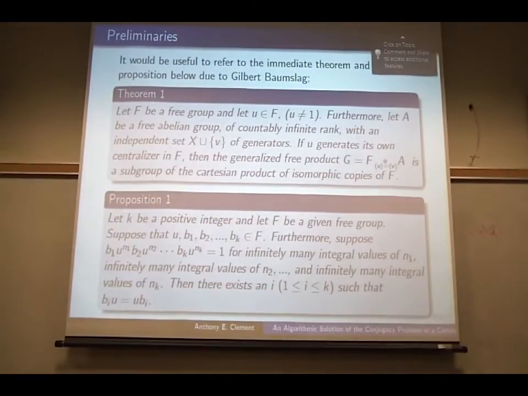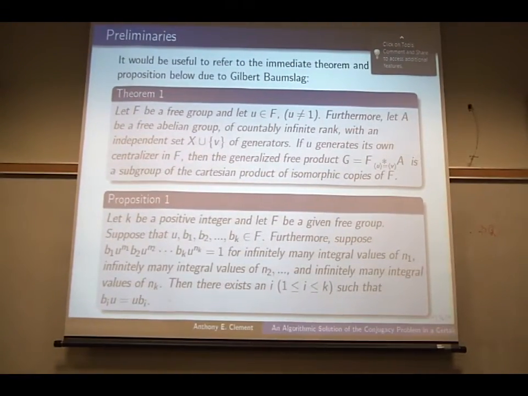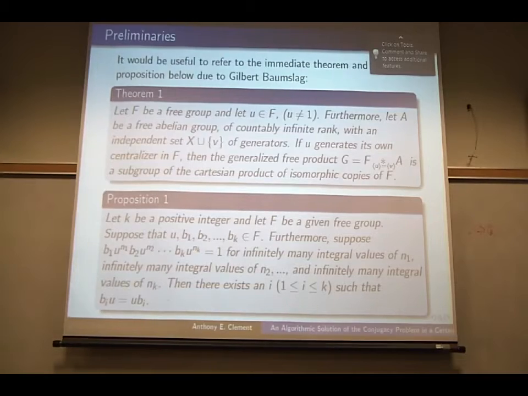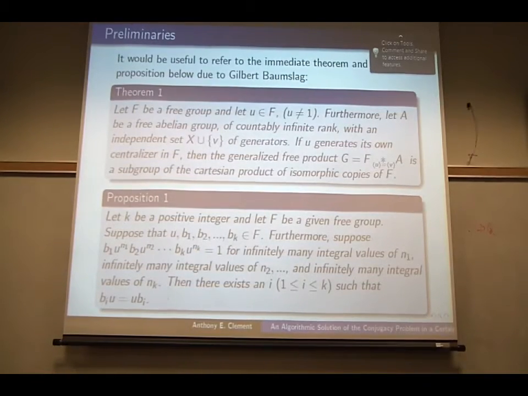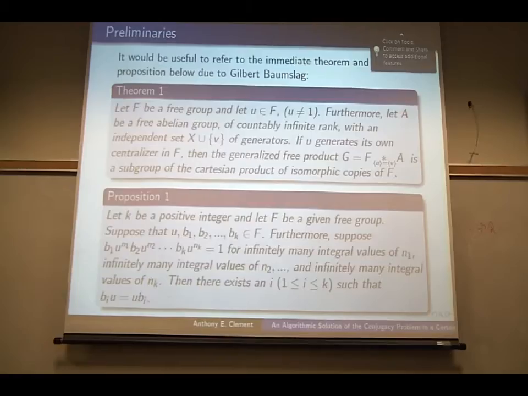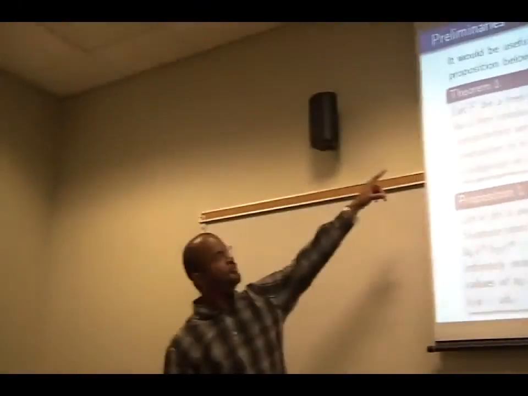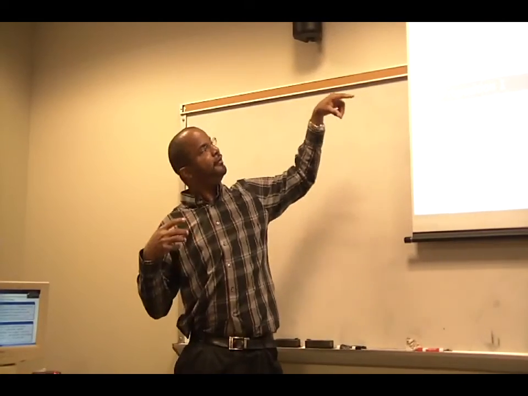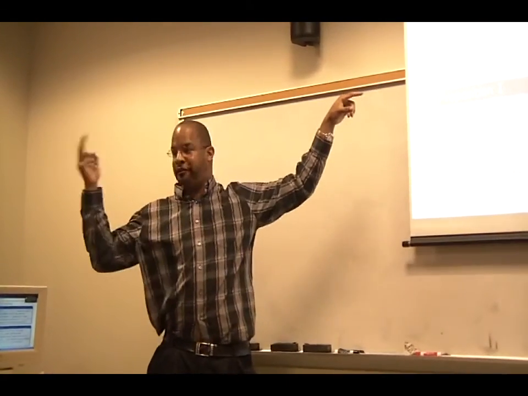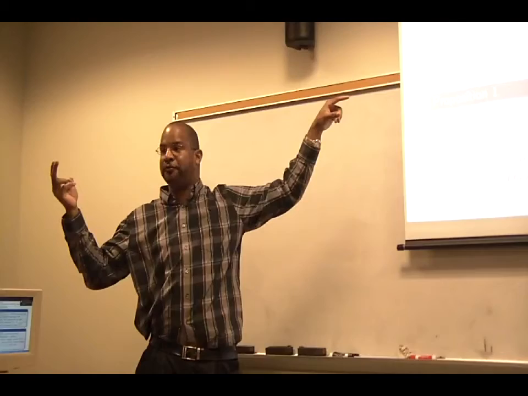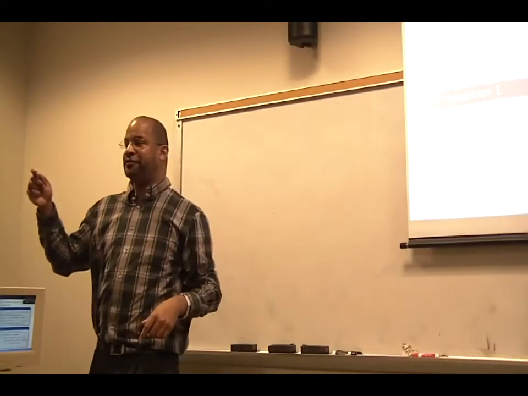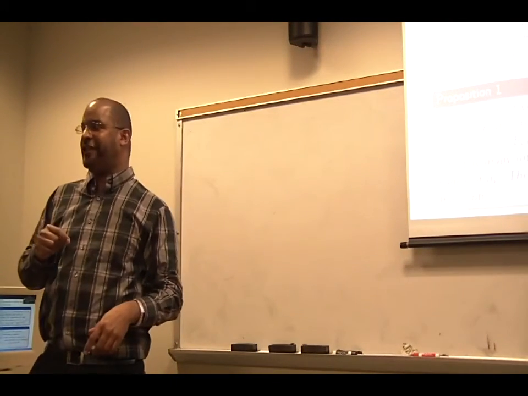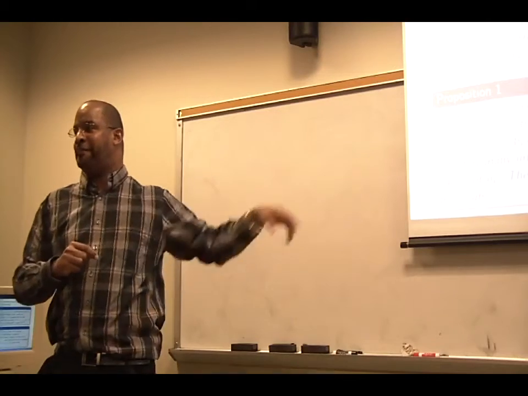Now, you said that in your case, when A is free abelian on 2 generators, you also get that this generalized free product is a subgroup of... No, I didn't show that. I showed the result of the first case, that if F is a free group, U belongs to F, A is a free abelian group of rank 2, and U generates its own centralizer, then the group G is residually free.